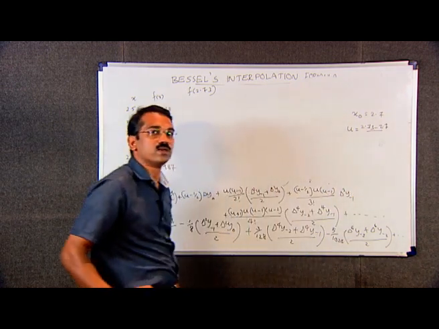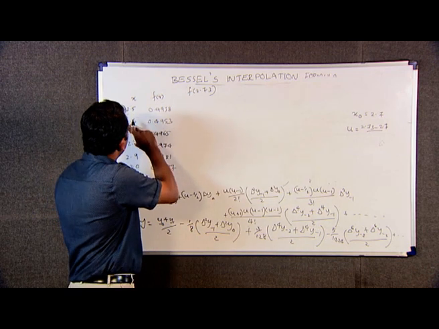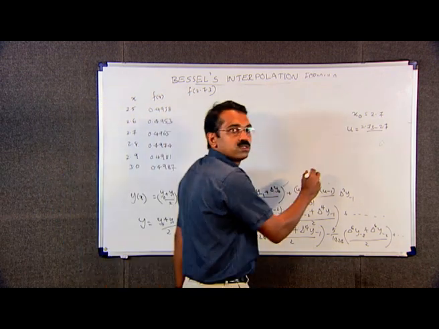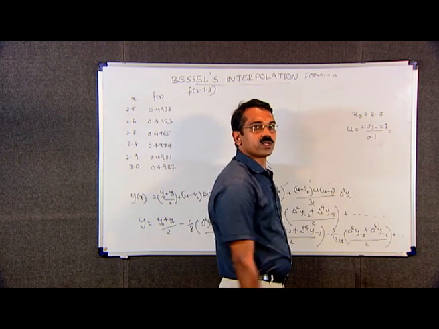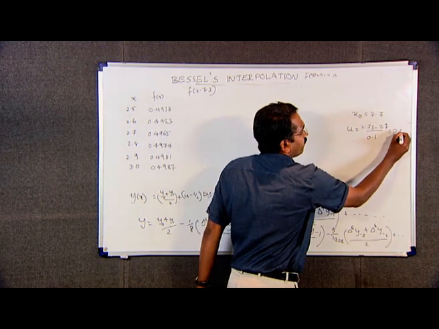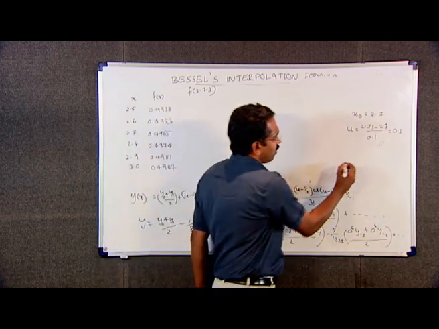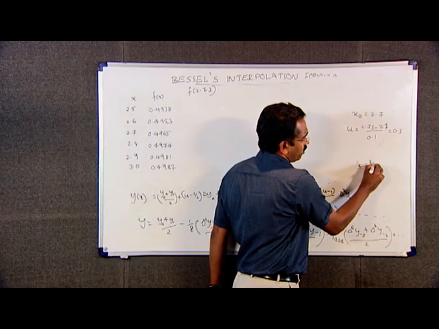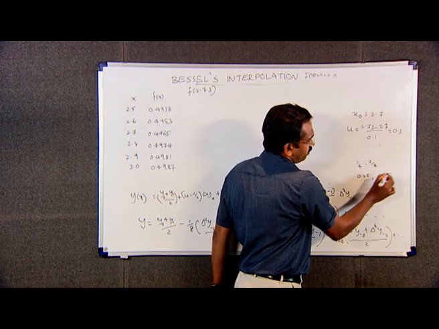Here the interval difference h is 0.1, so u equals 0.3, which lies between 1/4 and 3/4, that is 0.25 and 0.75.